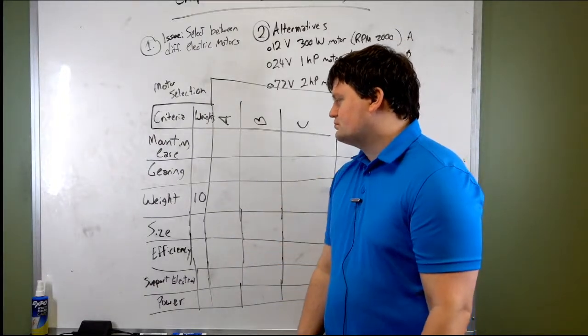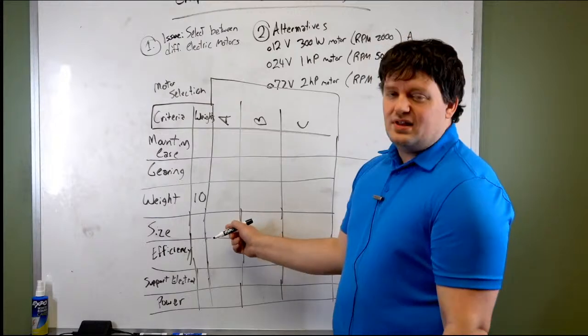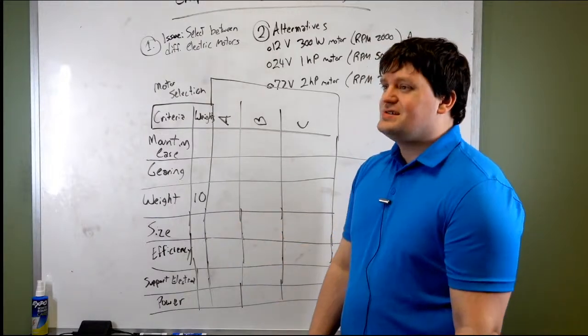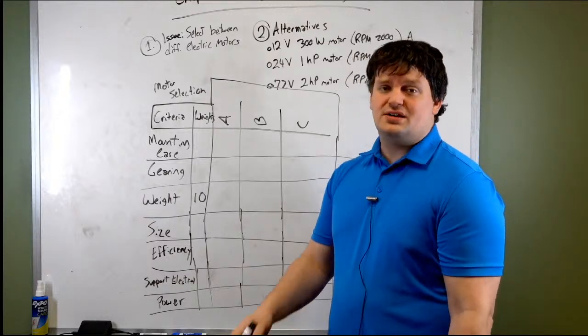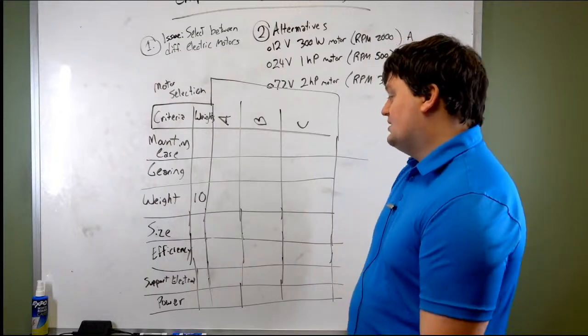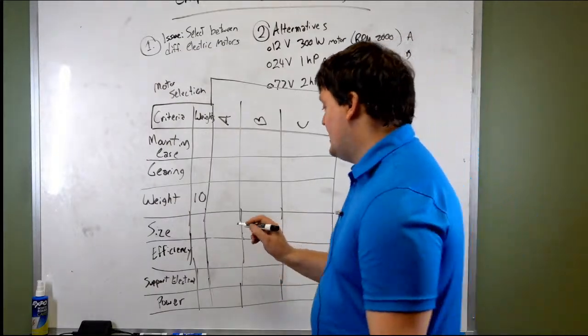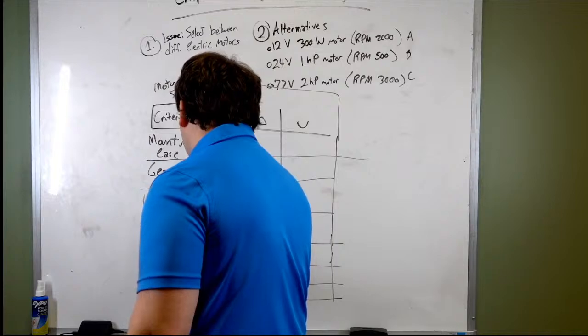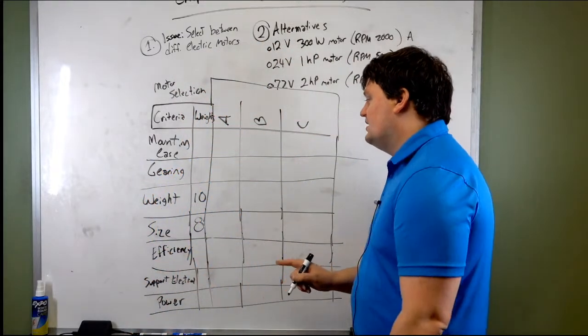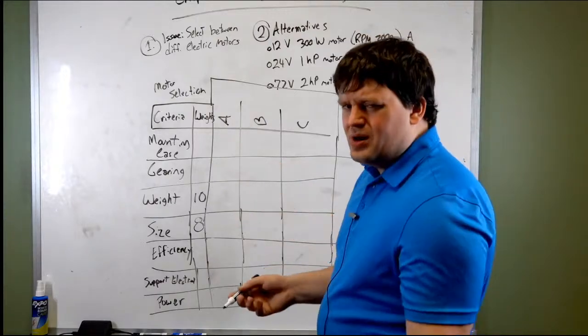Now, is size more or less important as far as weight goes? Well, size is less important because you could just move the motor around to get it out of the way. May contribute some to aerodynamics, but not nearly as much. So I'm going to put that one as an 8. Gearing, also probably not as much.